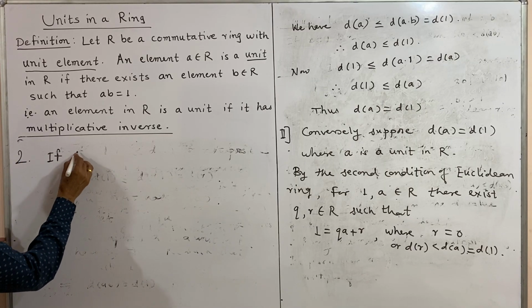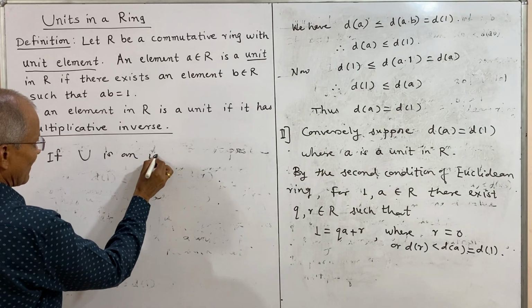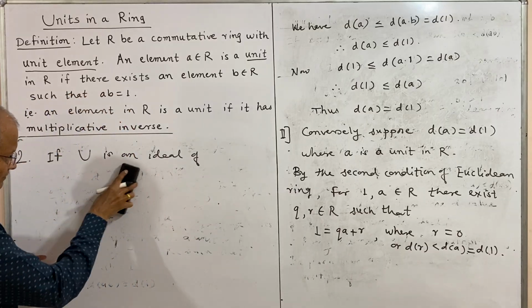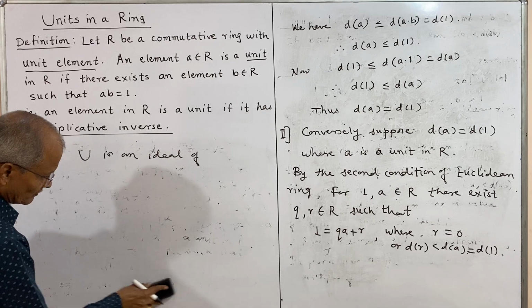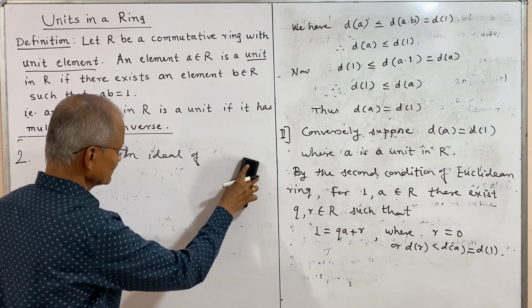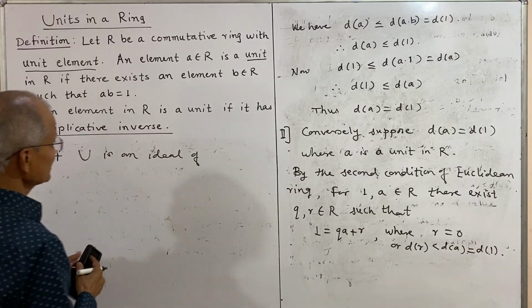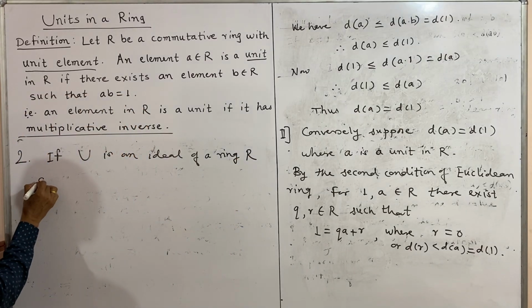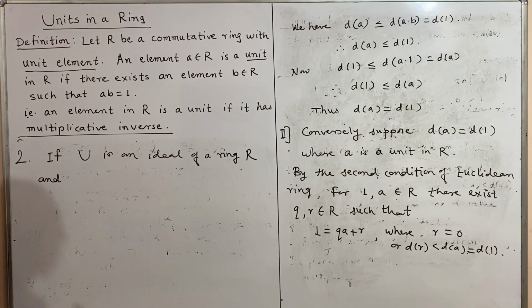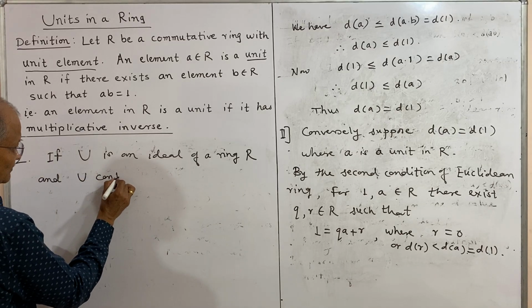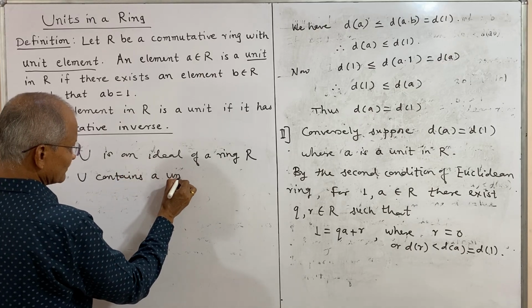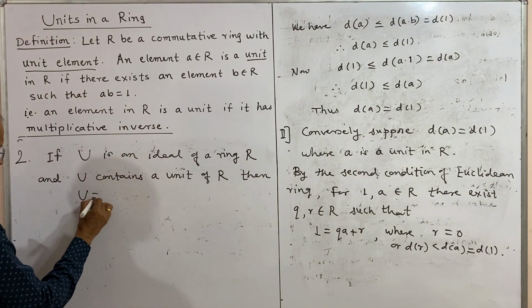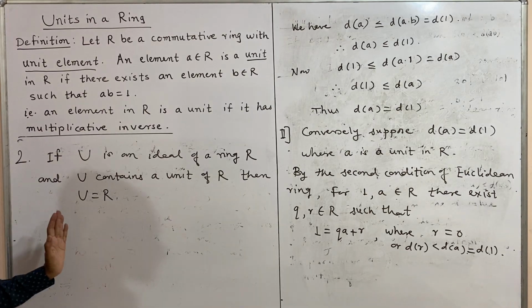If U is an ideal of a Euclidean ring R, and U contains a unit of R, then U is equal to R. Actually, we have proved this type of result in ideals.